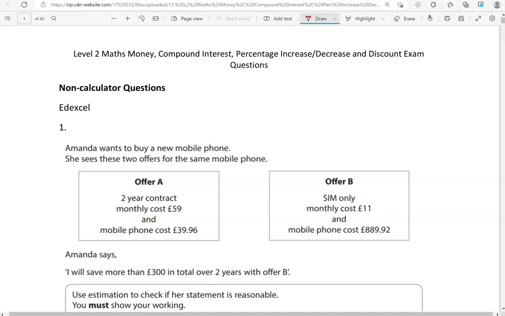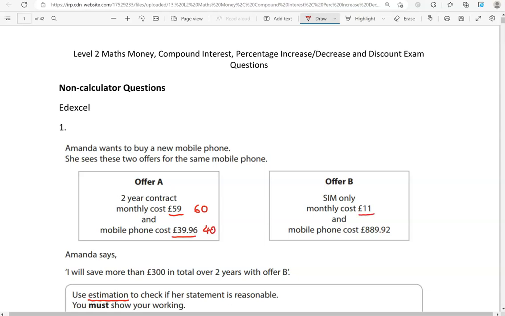So we are going to use estimation, which means we're not going to use the exact figures. So we're going to round them. £59, we could round that to 60. £39.96, we can round that to £40.